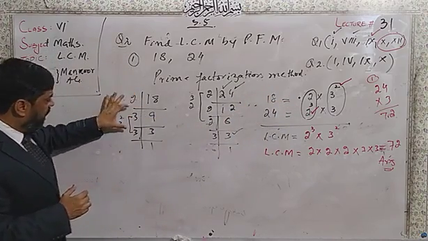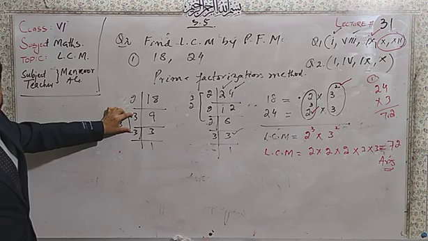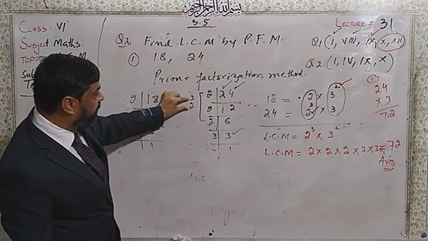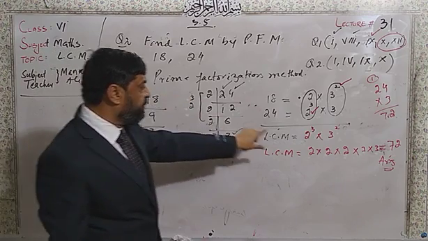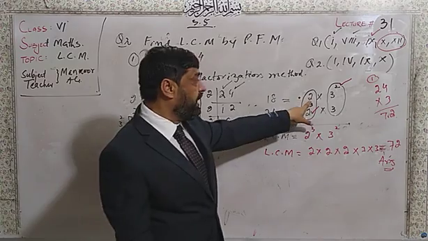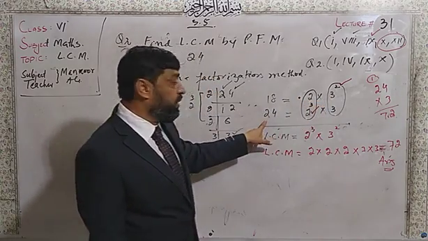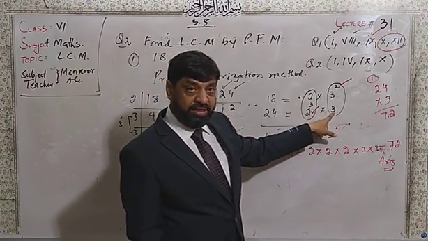Then we take the same numbers and write them in exponent form. If there is 3 multiplied by 3, it will be 3 square. Here 2, 2, 2, it will be 2 power 3. And then we have to place here 18 and its factors, 2 into 3 power 2, and 24 and its factors, 2 power 3 multiplied by 3.